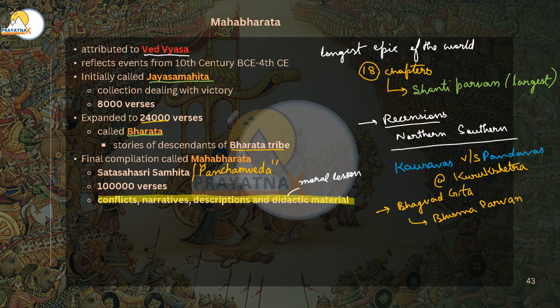Now, it was extracted from chapter 23 to 40 of the 6th book, which is your Bhishma Parva.